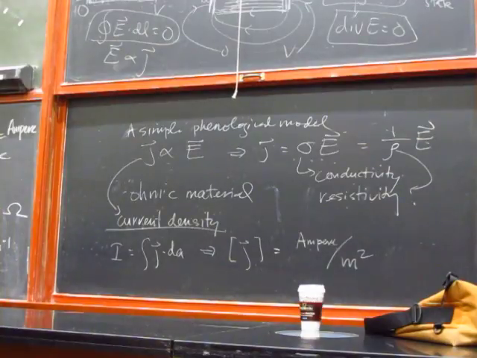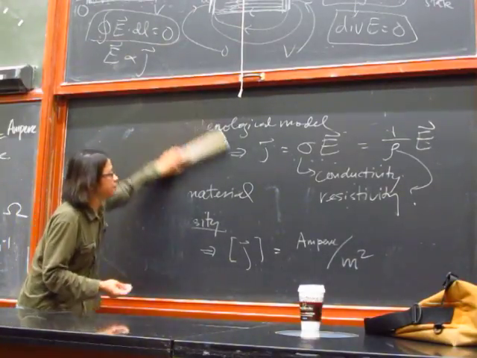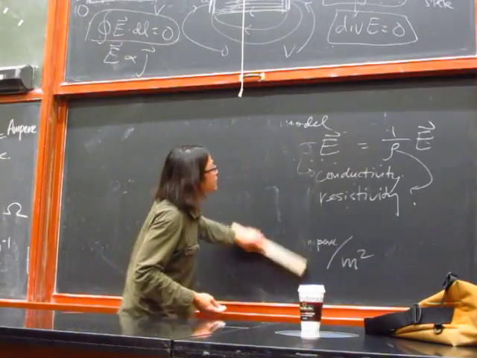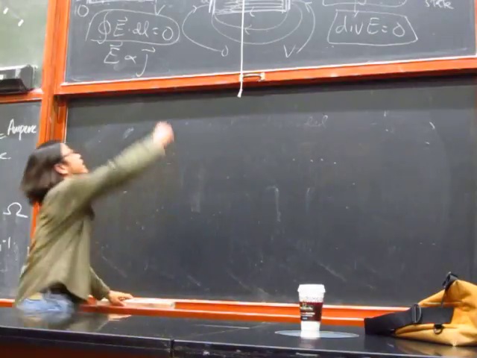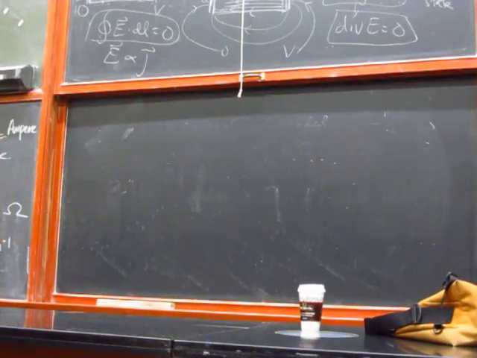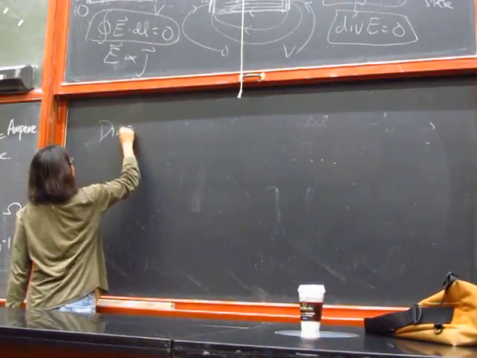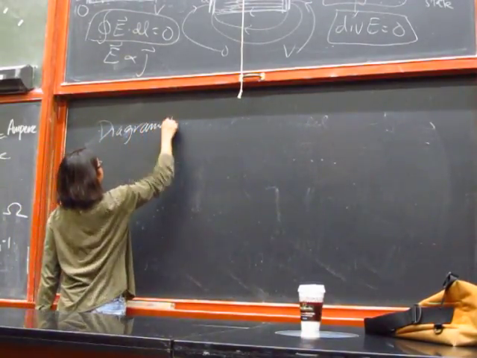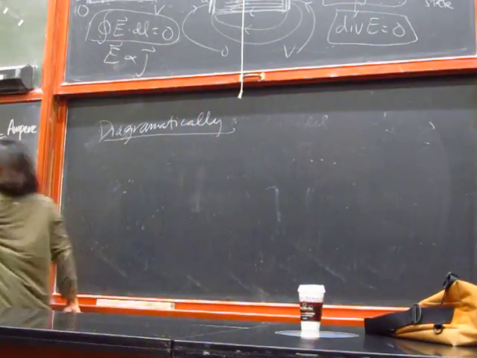Okay, so where am I here? With that in mind, we have everything that we need to talk about circuits. That concludes our discussion on conductivity and resistivity. So diagrammatically, I don't have to worry about shapes anymore.